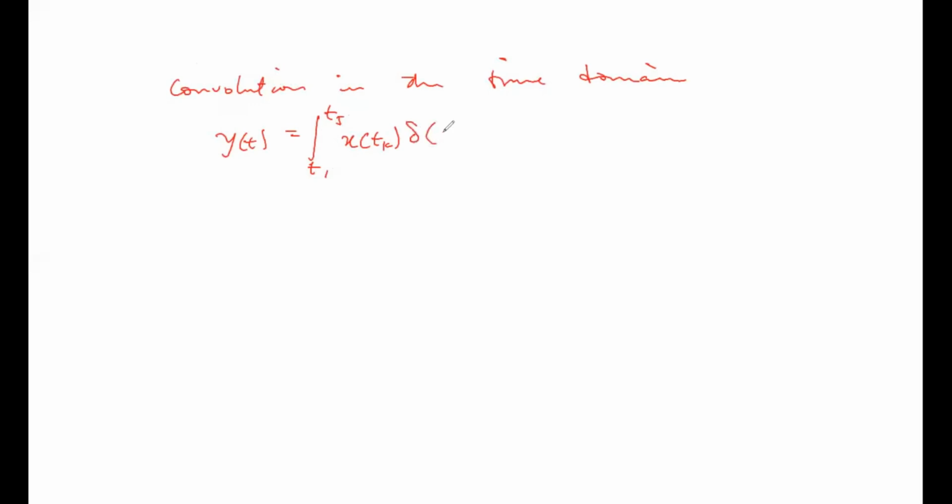So from what we have already established, the convolution in the time domain is the same as the integral, taking the limit from t1 to t5, of S of t sub k and the time shifted version of the impulse response.